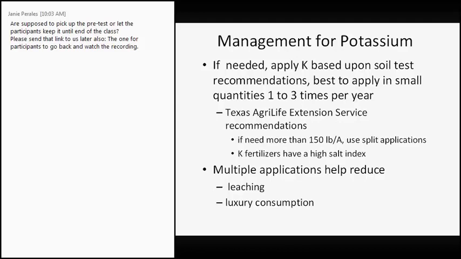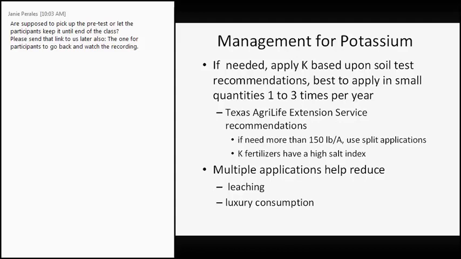You're going to spoon feed your nitrogen. If you've got these 150 pounds per acre application rates recommended for potassium, we suggest that you split that application as well, for 2 reasons again. 1, for the luxury consumption, and 2nd, for the high salt index that you have for potassium.